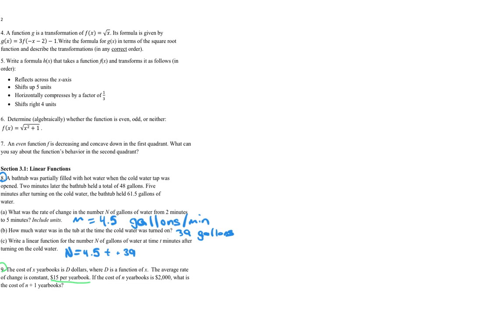So the cost of N plus 1 should be 2,000 plus the 15 we get for the yearbook we add on. So N plus 1 is $2,015.